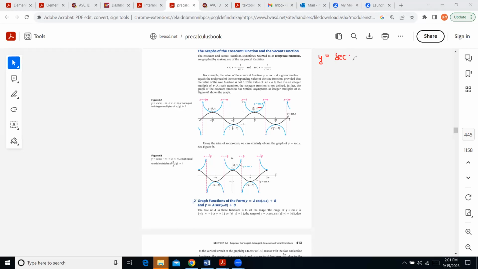And the key part to realize is that it's a reciprocal of the function cosine, which brings us to the fact that whenever cosine has a zero, what does that mean?